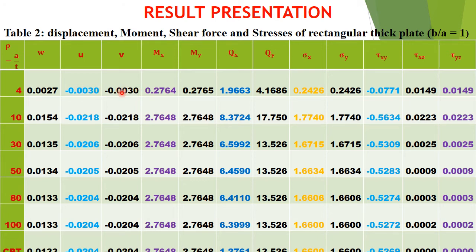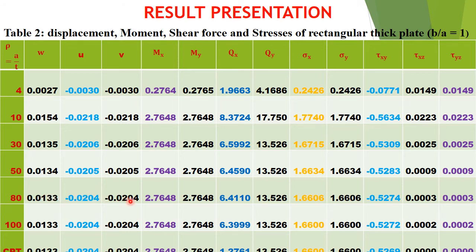So at the value of in-plane displacement, we find that its value is equal to the classical plate theory result, which is 0.0133. So the same thing with the shear force and bending moment.